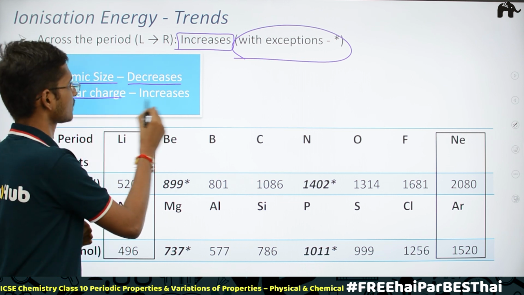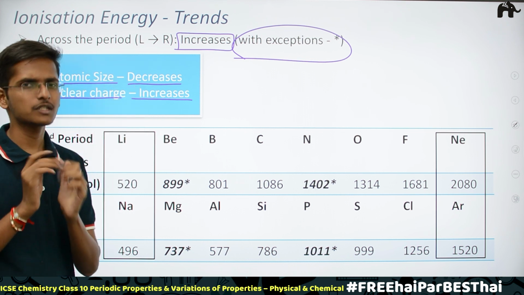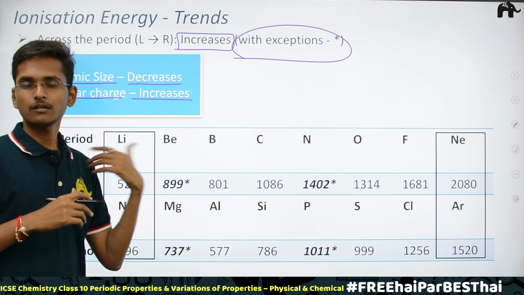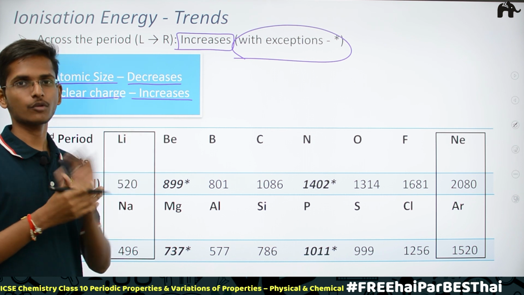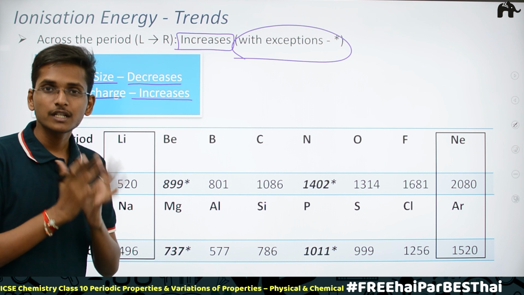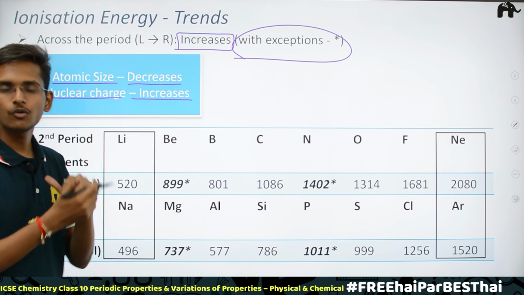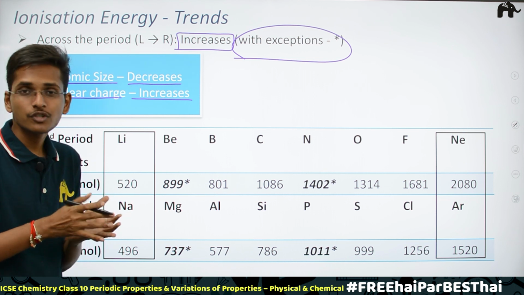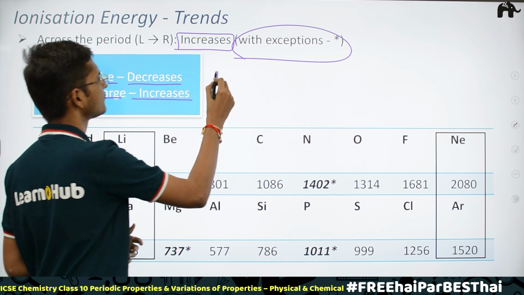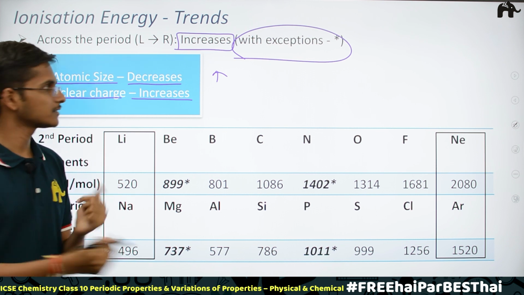When atomic size was increasing, ionization energy was decreasing. But now atomic size is decreasing, so, opposite, ionization energy would increase. And nuclear charge increases, so we know ionization energy increases.